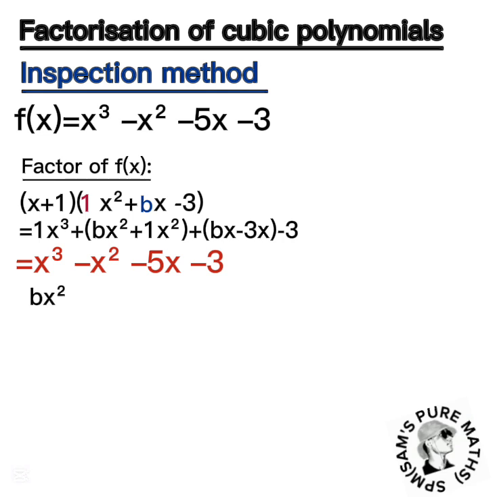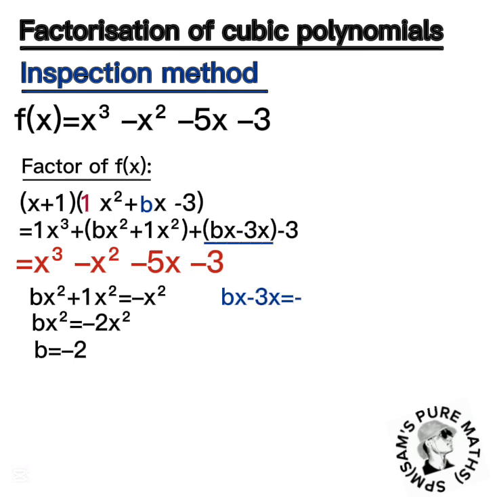So bx squared plus 1x squared is equal to negative x squared. We'll transpose 1x squared to the other side, and this will turn into bx squared is equal to negative 2x squared. To find b, we'll divide both sides by x squared, then b is equal to negative 2. Or one can solve it by equating bx minus 3x with negative 5x. You will tell me the answer in the comment section.